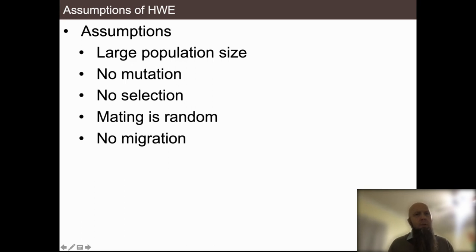It also assumes no migration. And so we were just talking about a population in which the allele frequencies were 30%, 70%. Well, what if a bunch of migrants from a mainland area fly out to or swim to an island where there's a population of a particular species that has these allele frequencies of 30% and 70%.